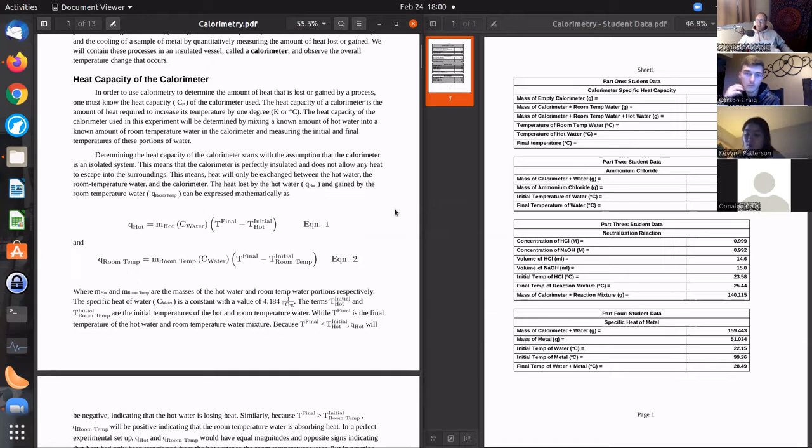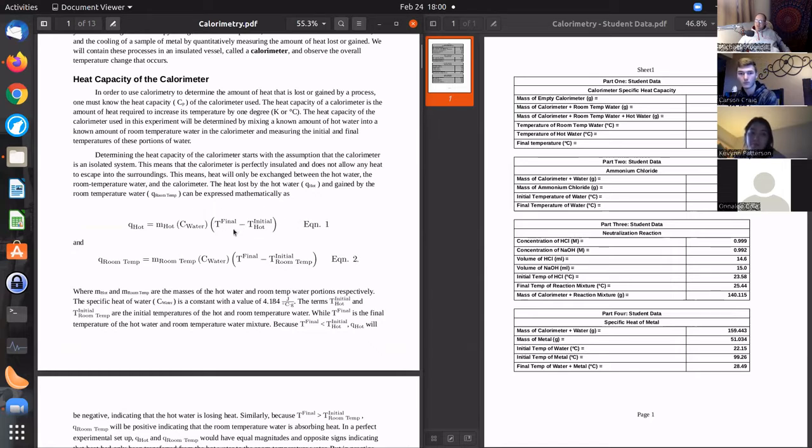Now let me ask you this, are they going to have the same sign? No, right? Because one of them is going to be releasing heat, one of them is going to be absorbing heat, and the sign is an indicator of the direction that the heat is going. So in this case, the hot water is going to wind up being cooler, so its final temperature is going to be a lower value than its initial one.